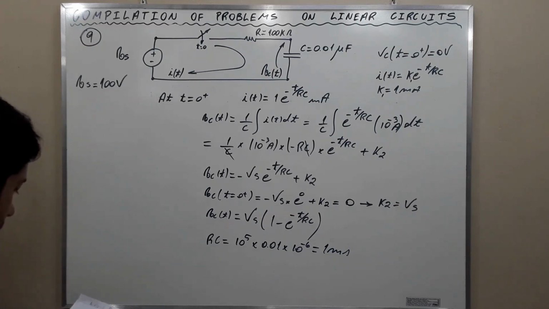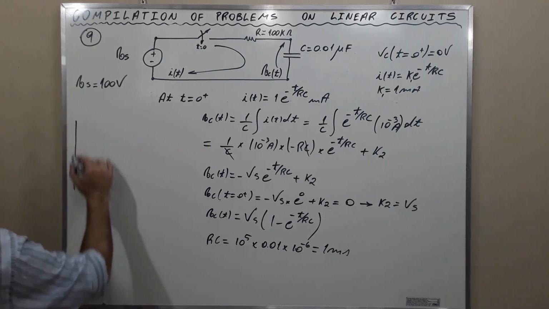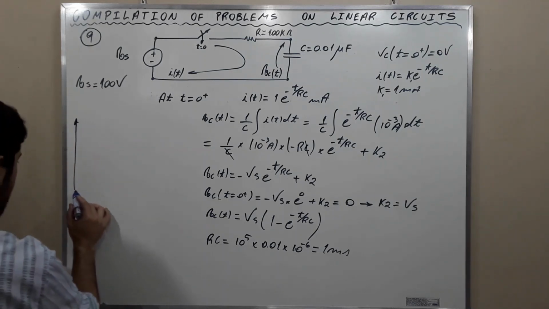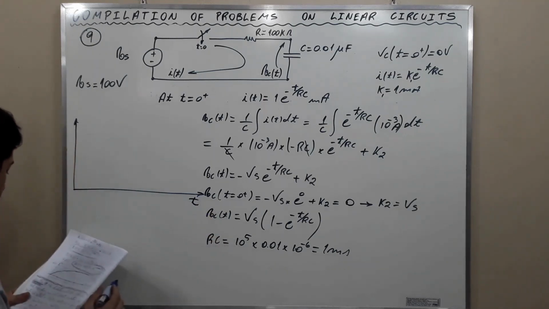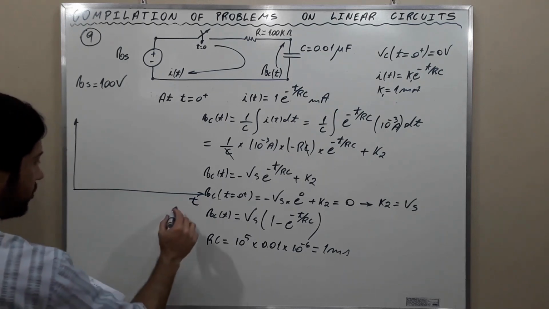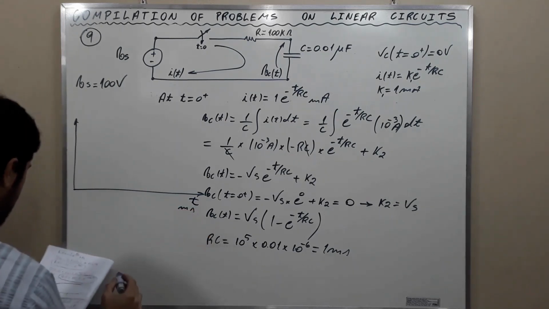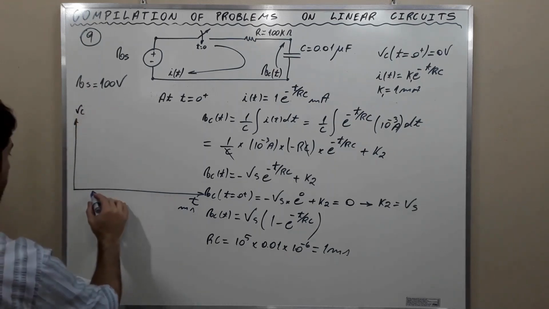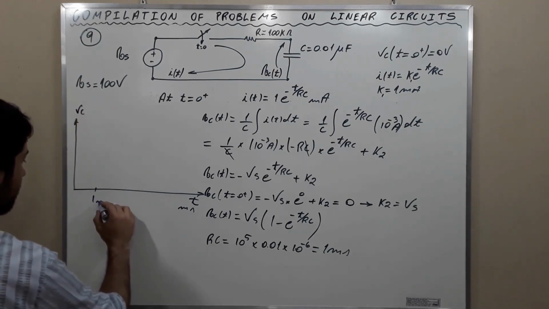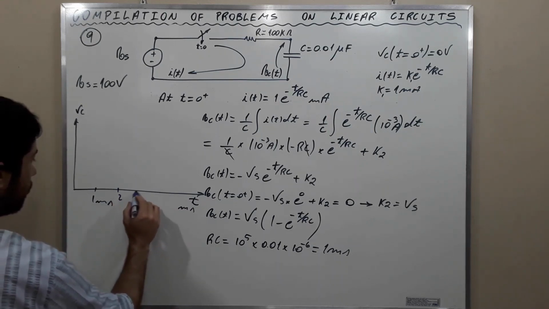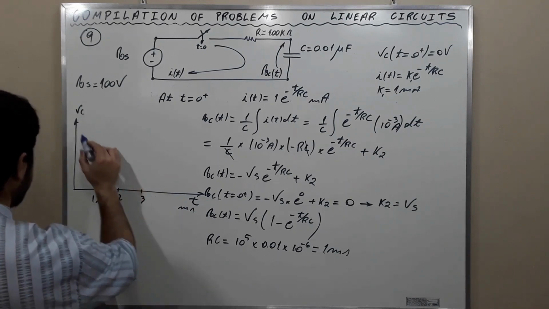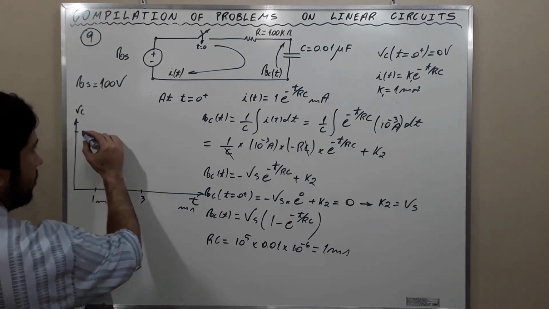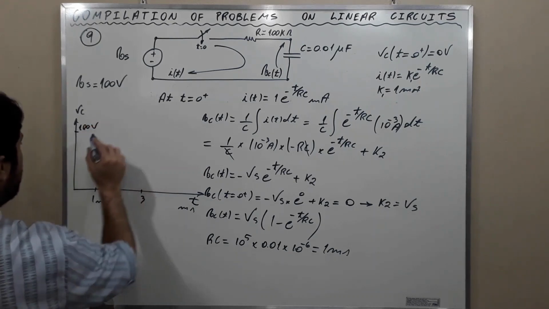Now let's plot it, the exercise wanted us to sketch it. We have here the voltage axis, and we have here the time axis, okay? And let's put time in milliseconds. And here the voltage at 1 millisecond here, 2 and 3 and so on. We have here 100 volts.